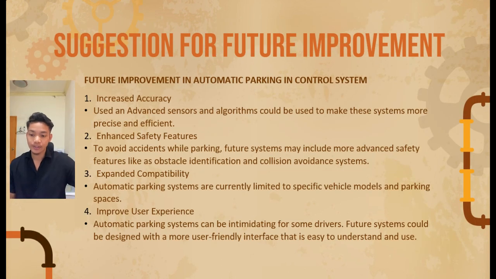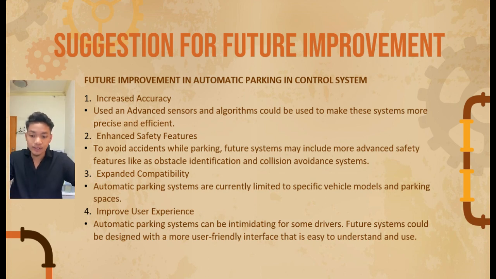Next, what we can improve in the automatic parking system in the future. Firstly, increase accuracy, using an advanced sensor or algorithm. Number two, enhance safety features to avoid accidents while parking. Thirdly, expand capability.